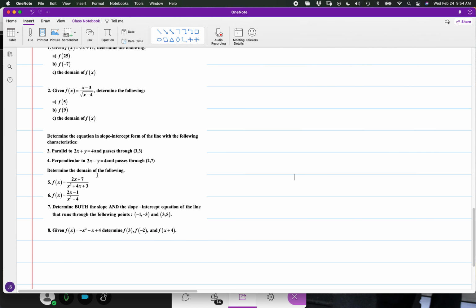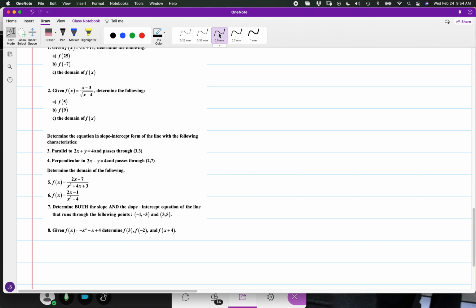For the given function, no radicals in this one, we have f of x is equal to 2x plus 7 all over x squared plus 4x plus 3. And it says to determine the domain of this function.